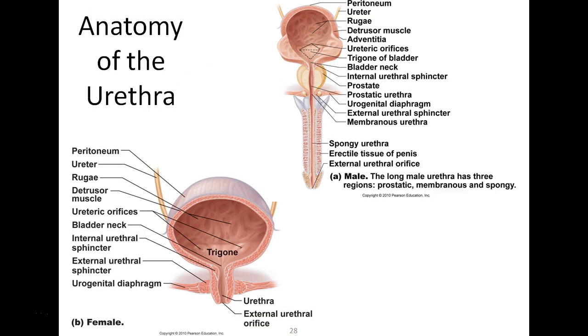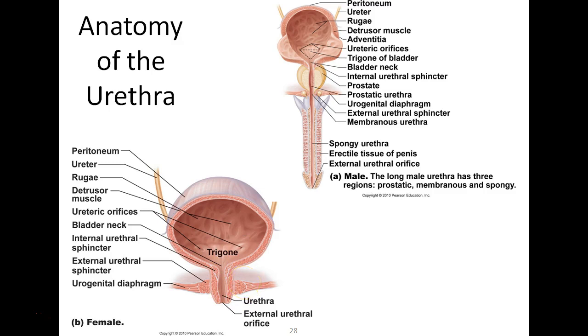Let's take a closer look now at the anatomy of the urethra. This urethra is going to be lined with epithelia. It's also going to have fibers, and it's going to be a muscular tube, so to speak, coming out of the urinary bladder.